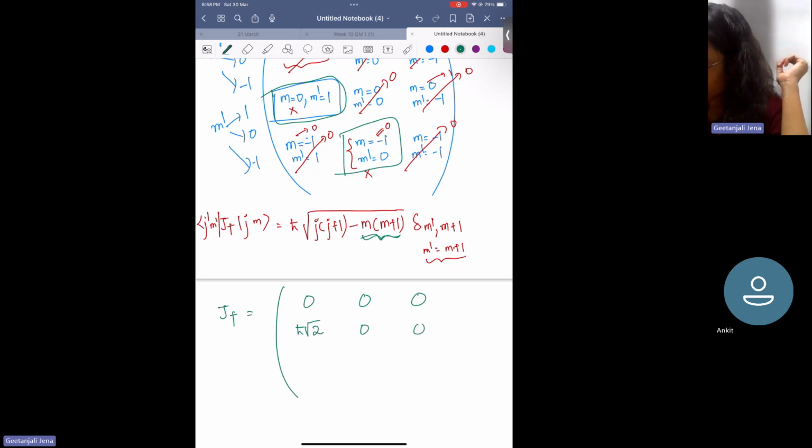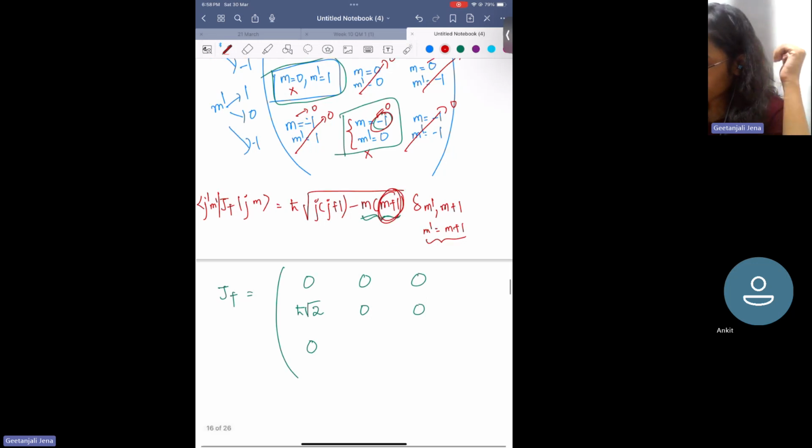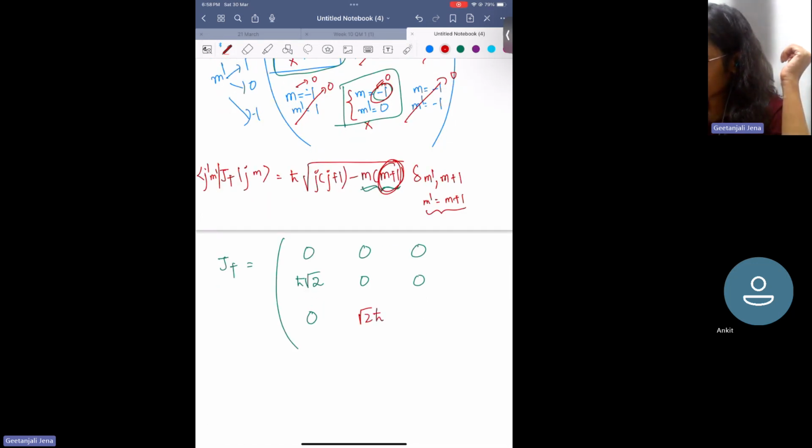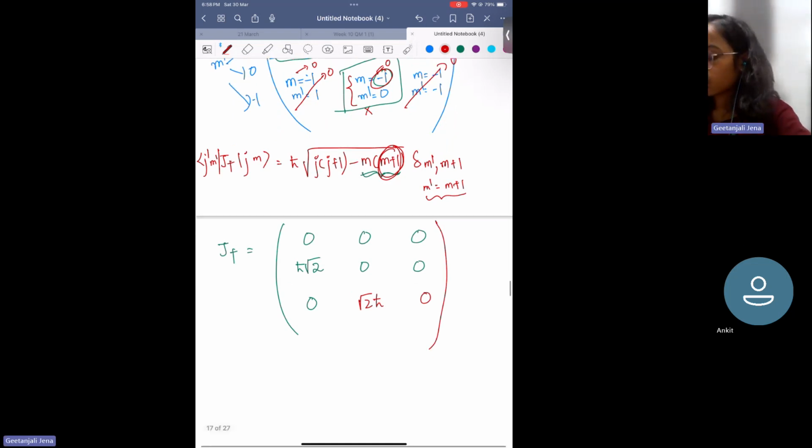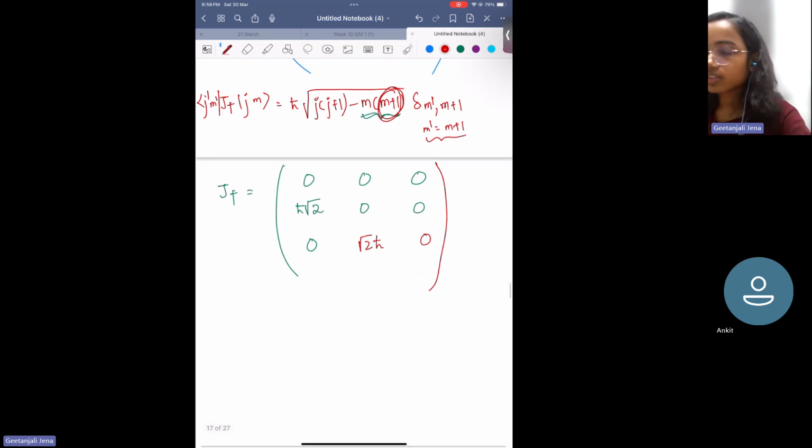And this is 0. This one is 0, 0. Here m is minus 1 and m prime is 0. So this m plus 1 will become 0 here. So that means you will get root 2 h cut, 0. So this is how you can calculate the matrix for j plus.